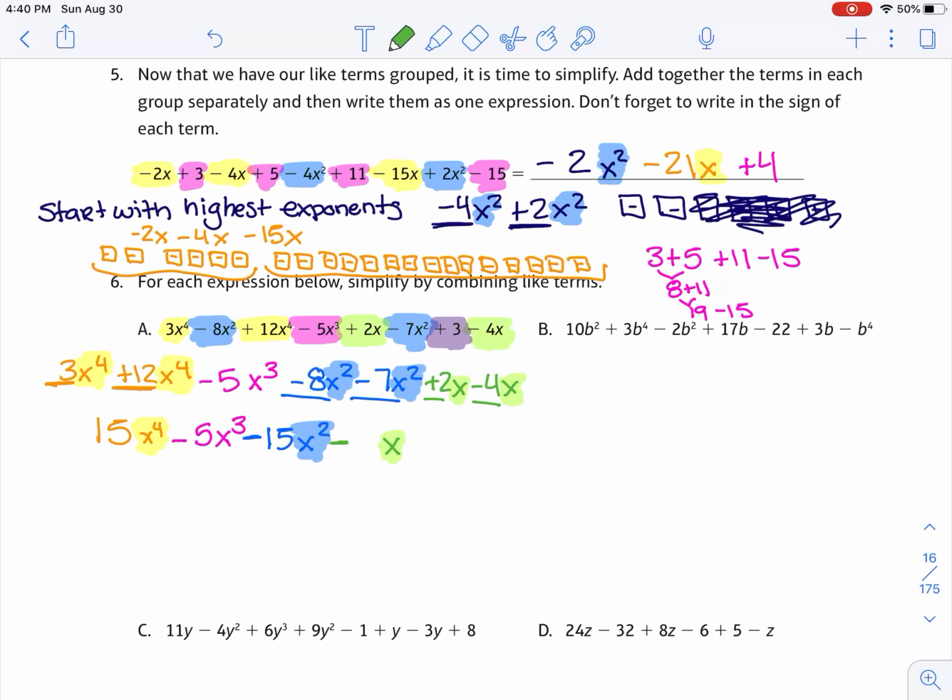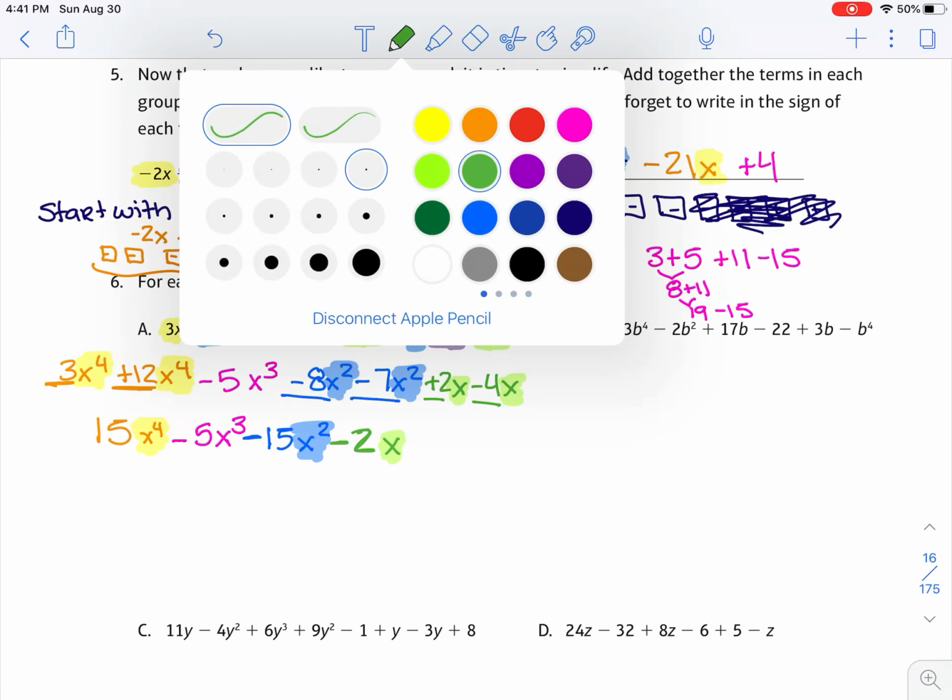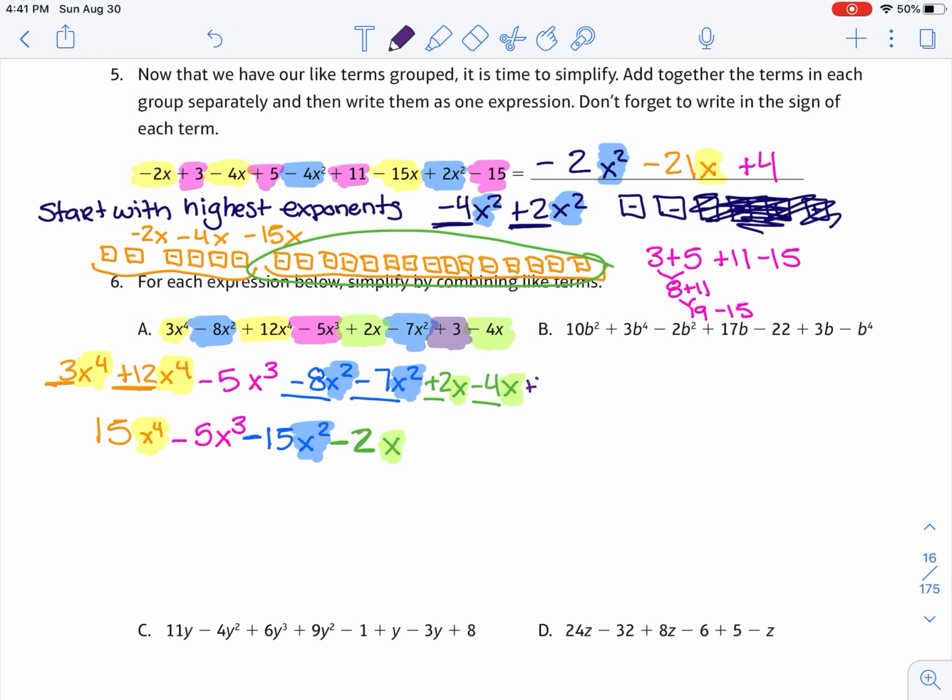And I'm going to do 4 minus 2 makes 2. It was negative because the 4 was the negative number and it was bigger. You can always go back to drawing boxes if boxes are easier. Then we have one last piece, and that's that plus 3. And the plus 3 doesn't have anything to combine with, so we stop right there. None of these can combine together because they are all different.